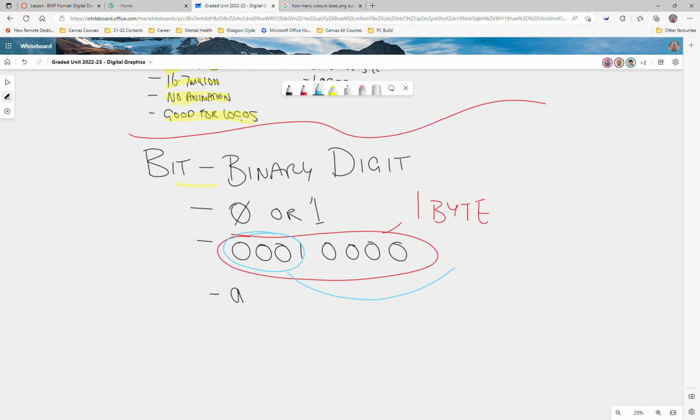Yeah, nibble. It's a nibble. 4 bits is a nibble, as in the wee nibble of it. I'm not kidding you on, but that will come up in the exam, but I think it's pretty funny.